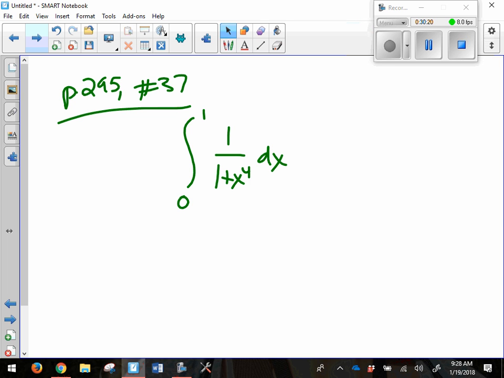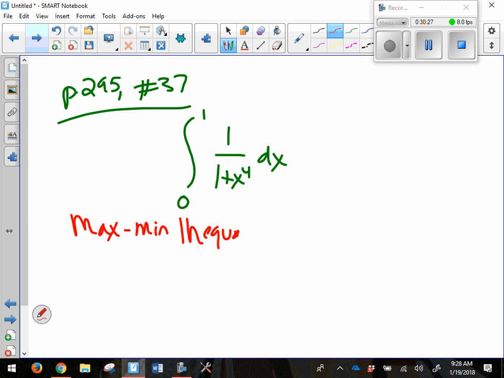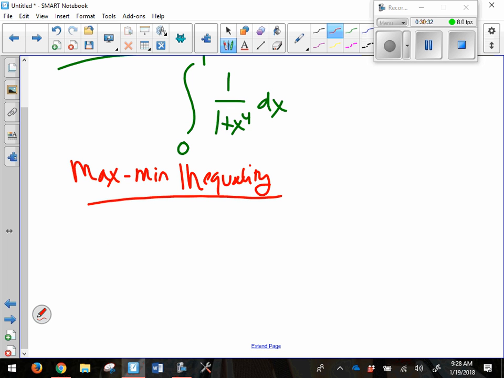So what does the max-min inequality tell us? That... from A to B of f of x.